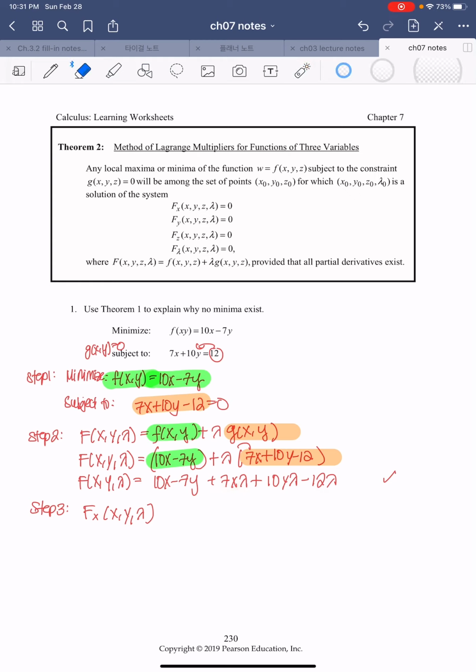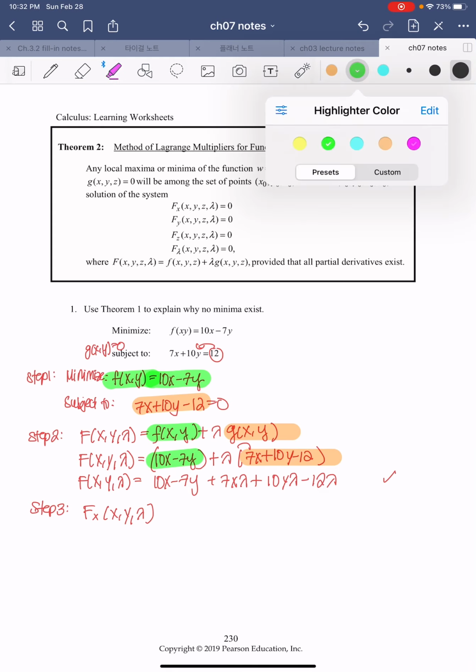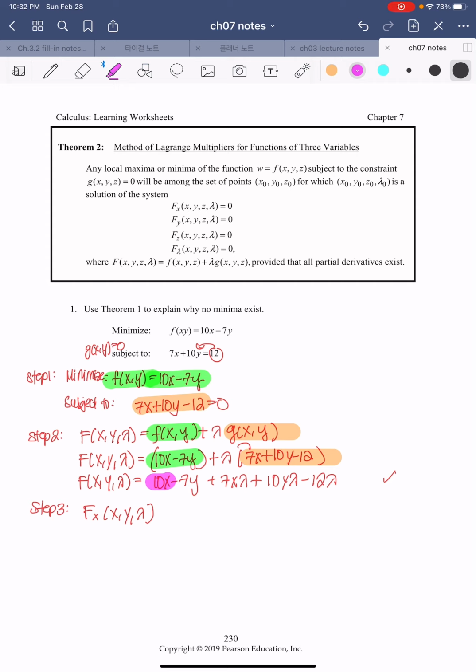So really, I need to focus on these two terms. This is the x term and this is the x term. For 10x, if you take the derivative with respect to x, it will be just 10. The middle term, because y and lambda are constants, disappears.